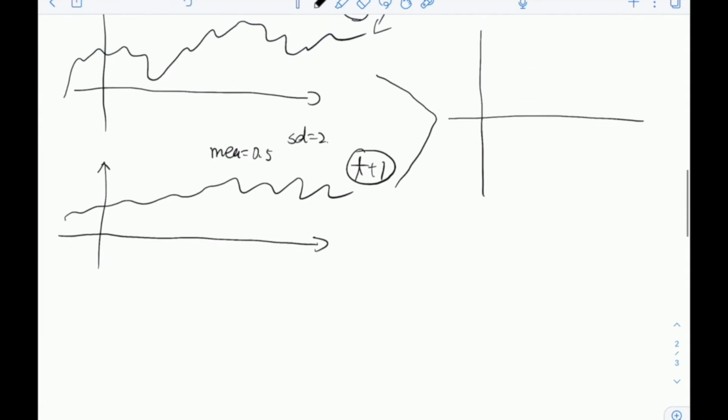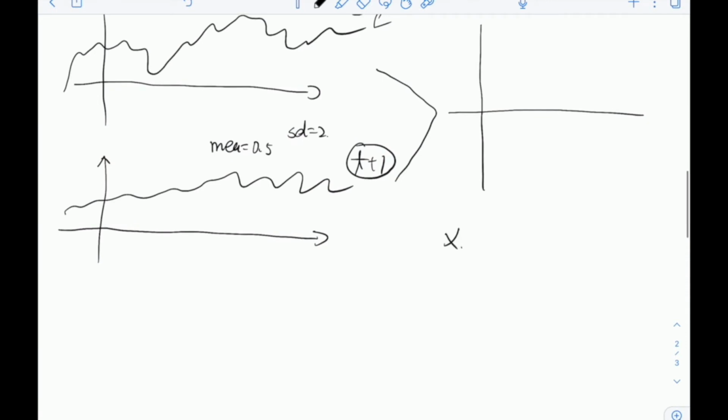For example, the new function should be xt equal to ft plus the variance here. If there's no variance, it should be a straight line. This is what we call white noise.